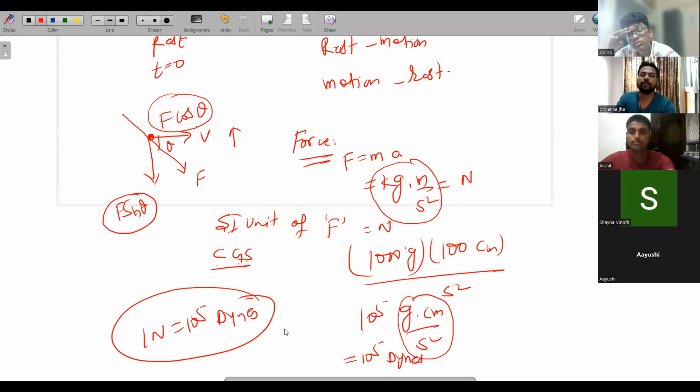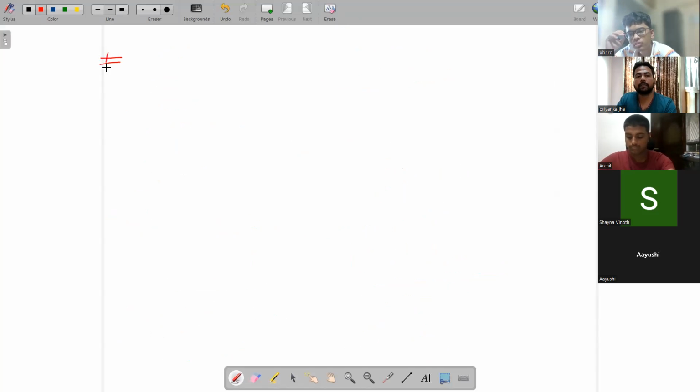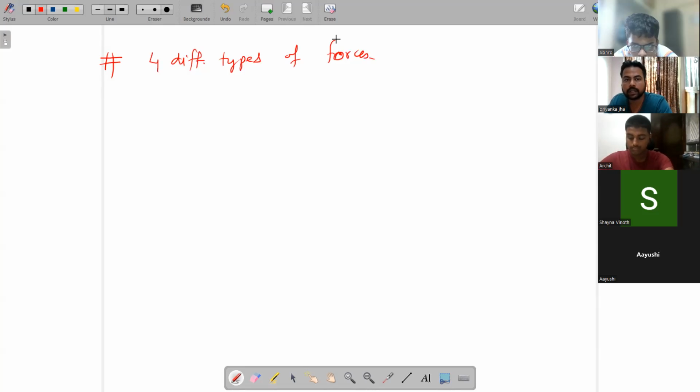So now, basically there are 4 different types of forces. Broadly, if we categorize force, then there are only 4 different categories. First one is gravitational force.